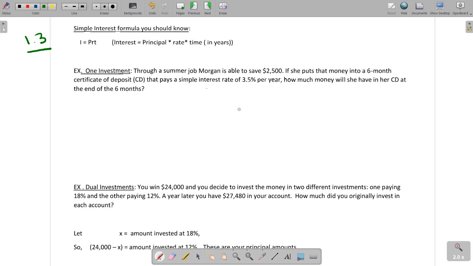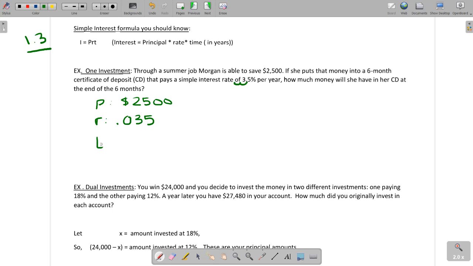Let's see here. We have our principal, which is the original amount invested. That's going to be $2,500. Our rate is going to be 3.5%, but as a decimal, we're going to move that over 2 places to the left. So it's going to be 0.035.